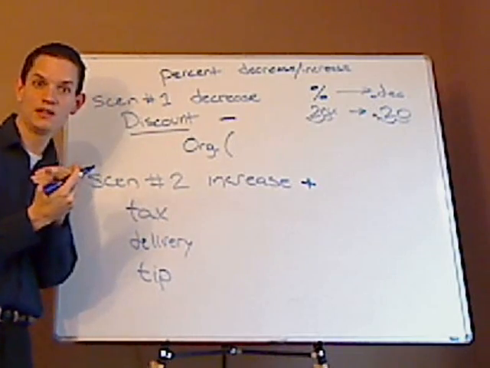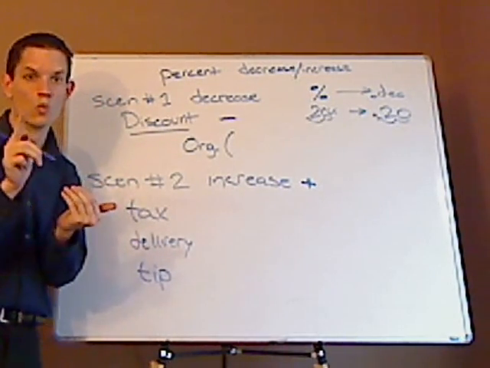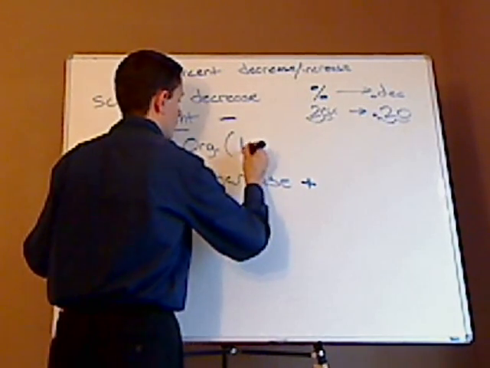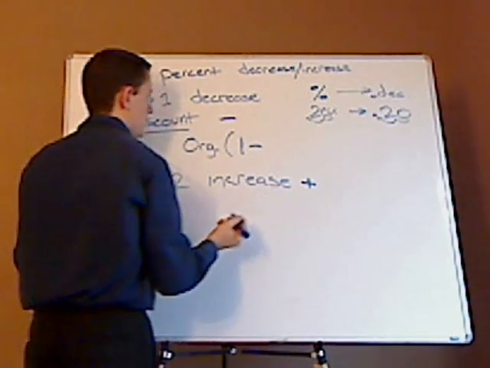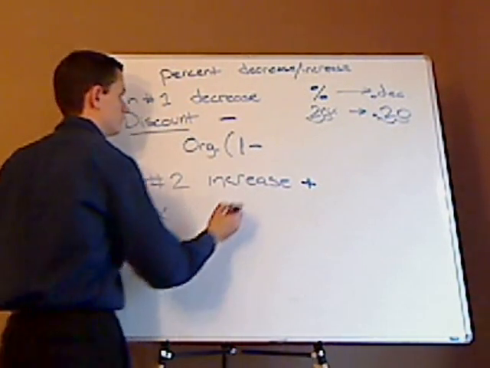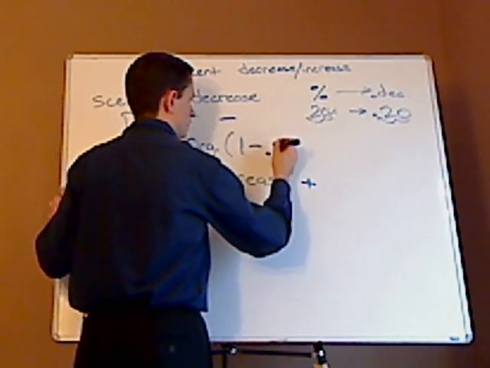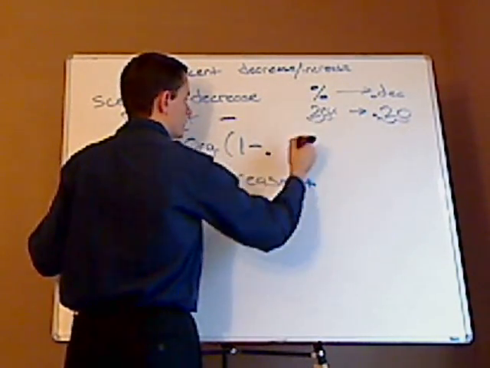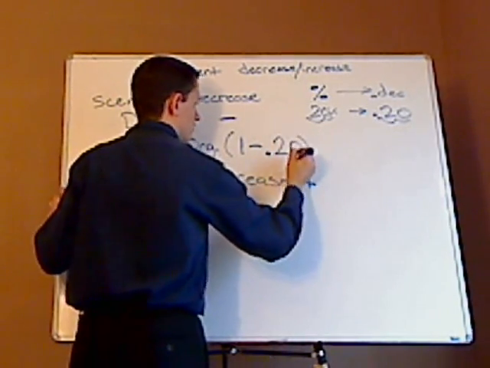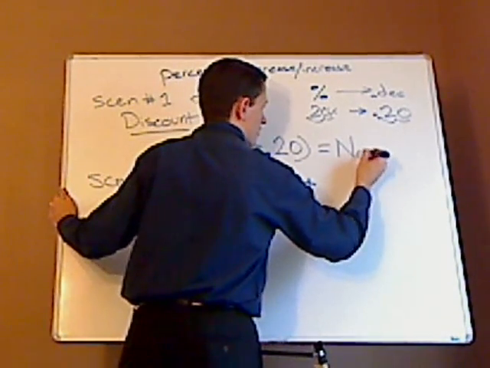I'm starting at 100%. What's 100% as a decimal? 1, and that's what I want to put in here. And then the percentage decrease as a decimal. So if it was 20%, that would be 0.20, close parentheses, equals the new amount.